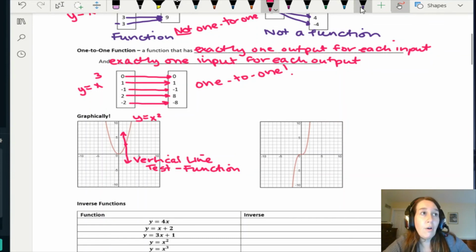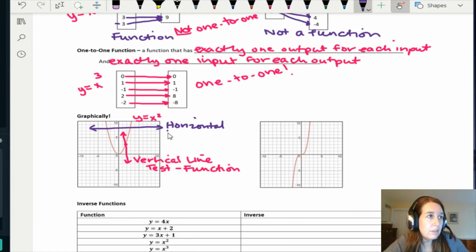Now, if we want to know if it's one-to-one, we also have to perform what's called the horizontal line test. The horizontal line test works with the vertical line test, and since it's crossing twice, it is not one-to-one. If it was one-to-one, the horizontal line would only hit the graph one time as well.